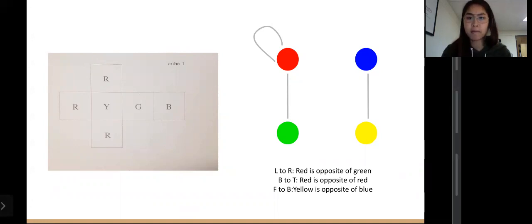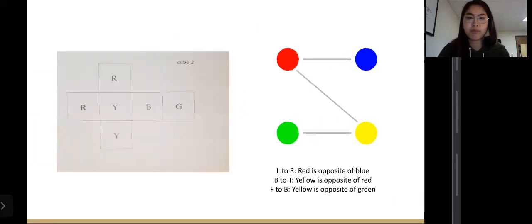So this graph represents where the colors are on the cube, and the opposite side. If you look at the second cube, with yellow still being the front, left to right is red and blue, so those 2 are opposites. Bottom to top is yellow to red, and then front to back is yellow and green.